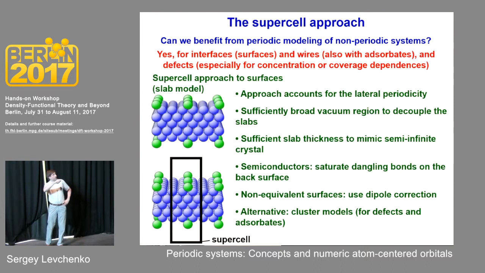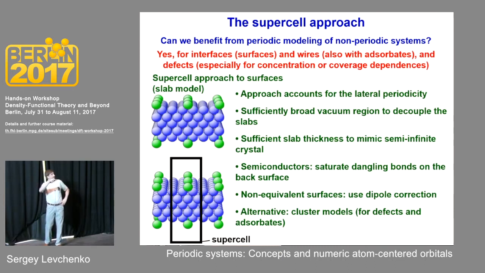If we have some non-equivalent surfaces, for example, we adsorb some species here, or we have a system without a center of symmetry, then we can get a dipole moment per unit cell, which is directed along this z direction.